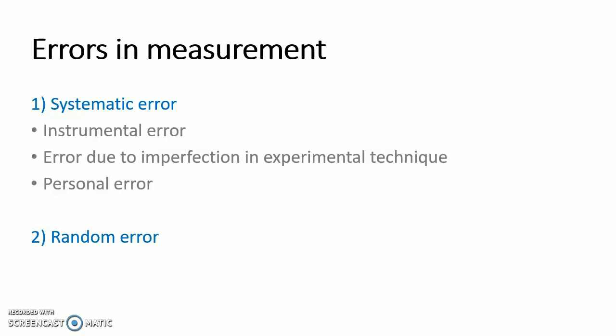So the error introduced here cannot be eliminated by the observer. Such error will be called random error. Random errors cannot be eliminated, but they can be minimized by repeated observations.